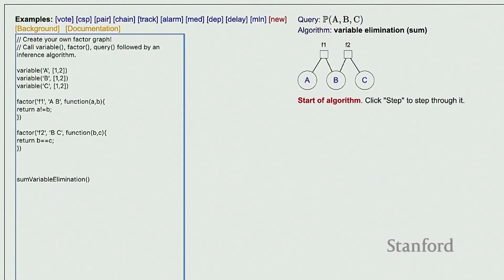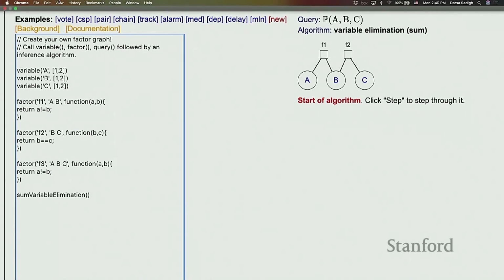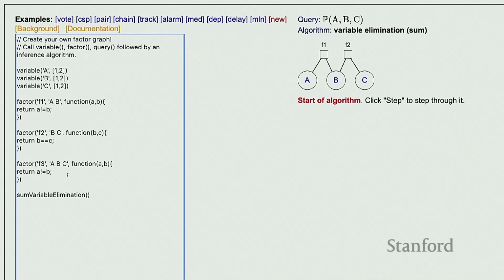And what was the last thing I wanted? Yeah, the second room only gets 1. So that's a factor that depends on all 3 of them, right?